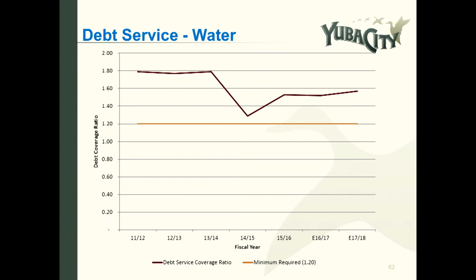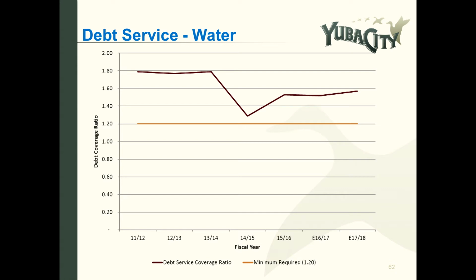One important point: when we were going into the rate study last year, particularly on the water fund, there was concern that we were going to dip below a debt coverage ratio of 1.2, which our bond covenants required that if we dipped below or were projected to dip below, we needed to take action to increase the rates.